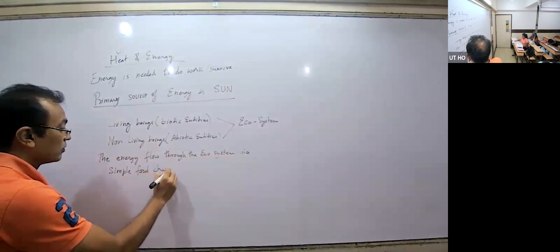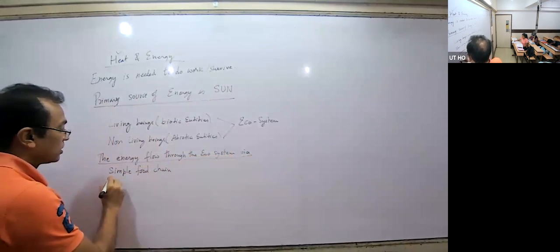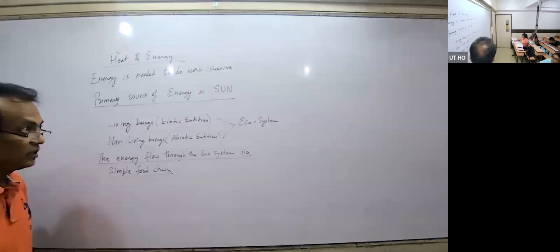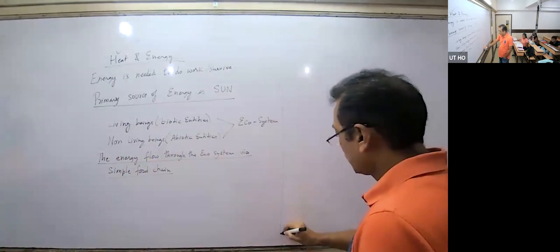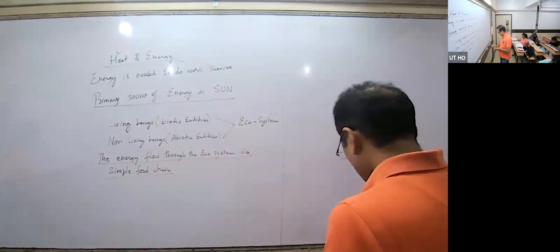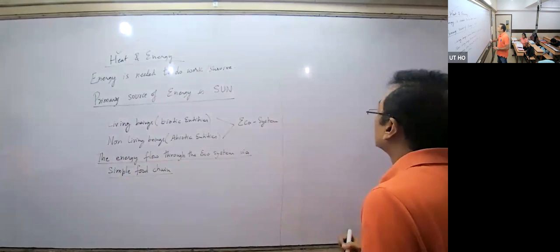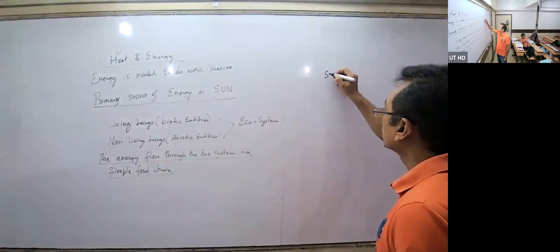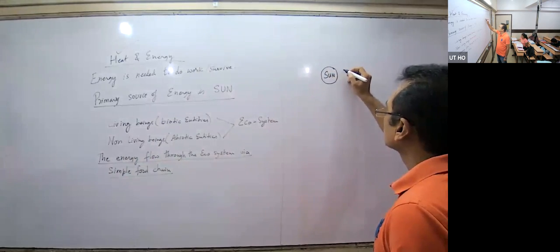This will give us the idea of how the energy flows from the sun to the last entity in the ecosystem. So let us understand that, starting with the sun. What is the sun? The primary source of energy.